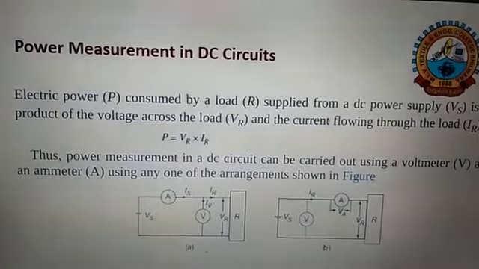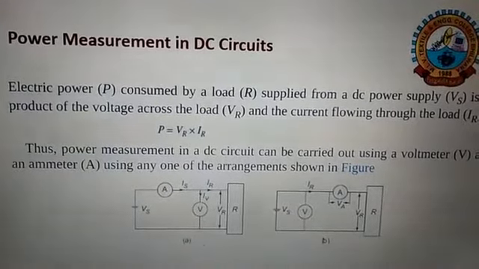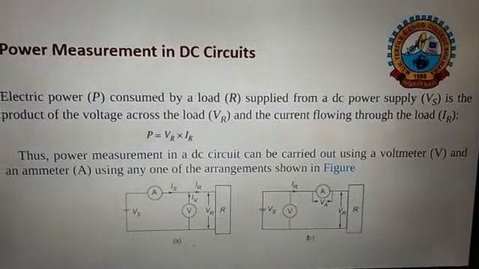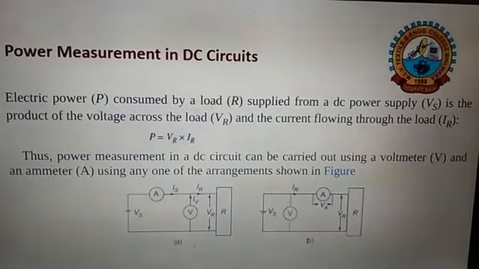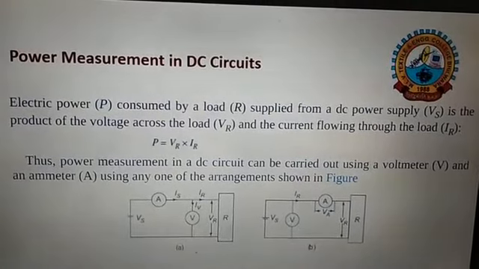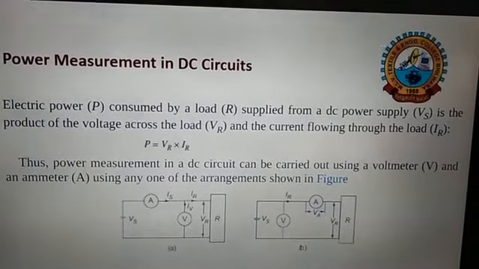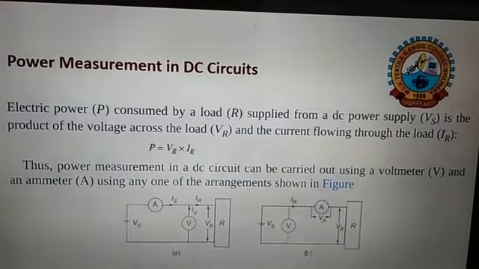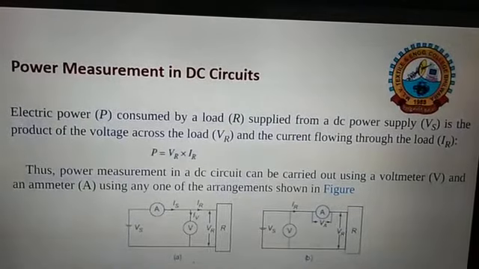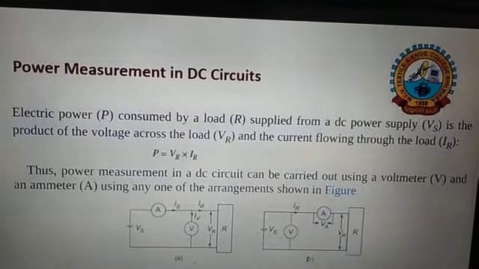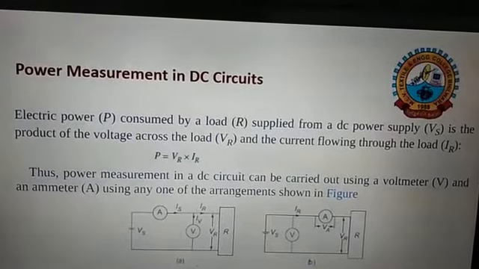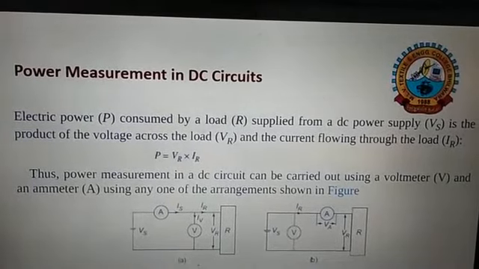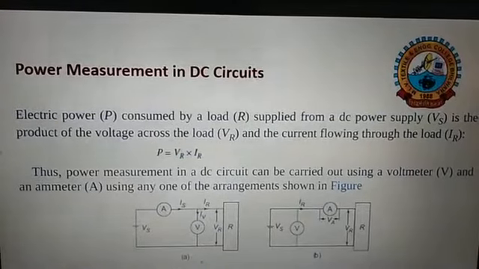So here the electric power P consumed by a load R supplied from a DC supply voltage Vs is the product of the voltage across the load, that is called VR, and the current flowing through the load, IR. So once we are able to find out the voltage across the load and current flowing through the load, we can just multiply VR and IR to get power. But it is not true for the AC circuit.